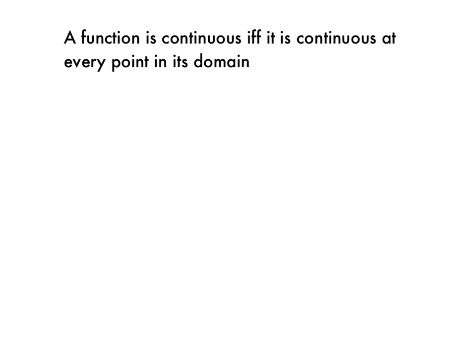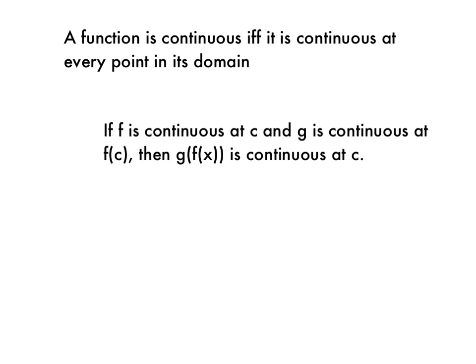We do have another theorem, a fairly important theorem that has to do with the composition of 2 functions. And it simply says this, that if f is continuous at x equals c, and g is continuous at f of c, then g of f of x is continuous at x equals c. And here is the statement of that theorem.